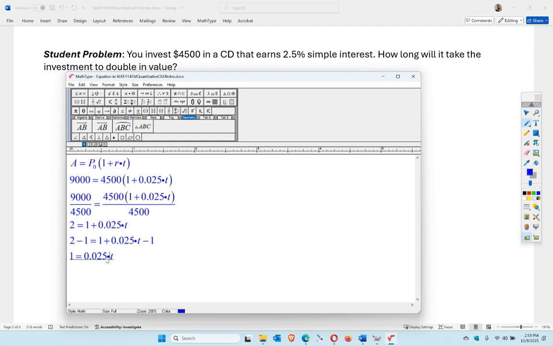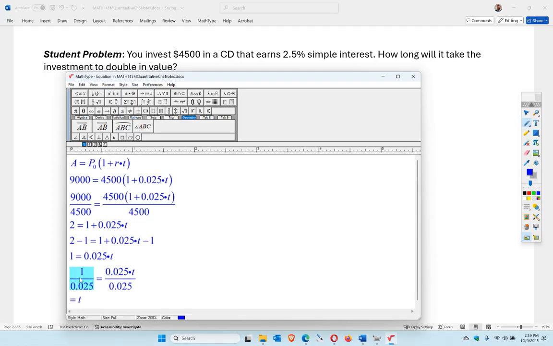So the last step is to get rid of this, which is a multiply, so I have to divide, don't I? So I'm going to take this, and I'm going to divide both sides by 0.025. Okay, so I'm going to get a t answer here, but I need to do this in the spreadsheet essentially, right?